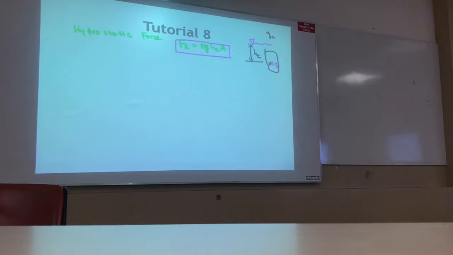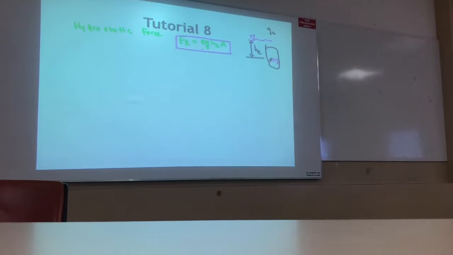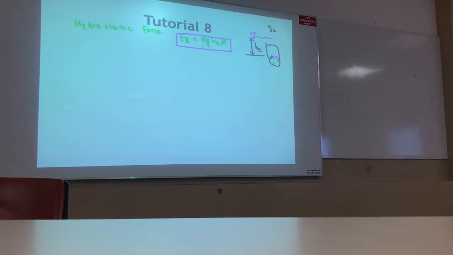Alright? And another point is called center of pressure, CP. Center of pressure is the point at which the hydrostatic force acts. And the distance from the water surface to the center of pressure is defined by YR.